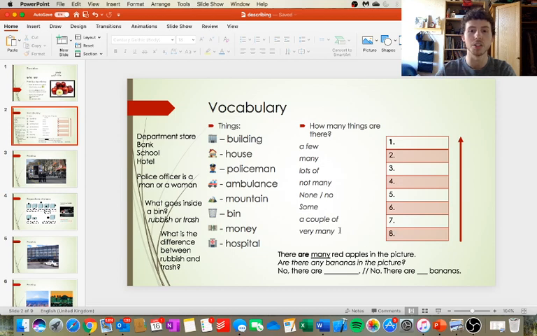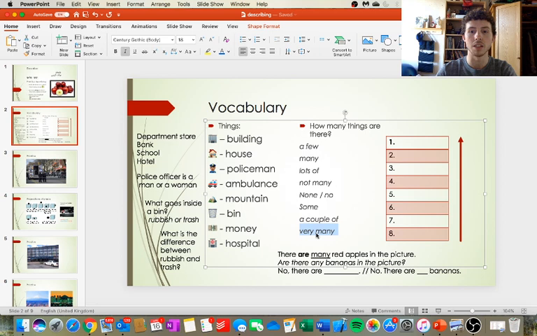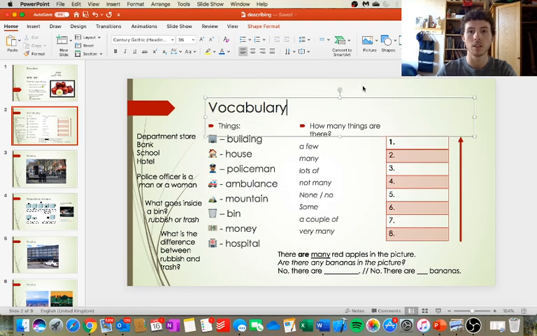Now I want us to place these words in order. So what goes in number 1?